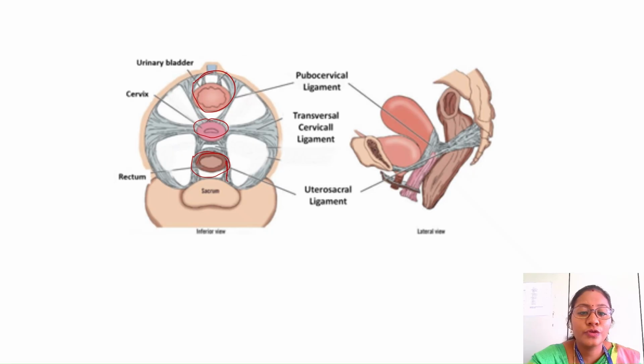The uterosacral ligaments are continuous from the uterus to the sacrum. See the lateral structure of the image. This is the uterosacral ligament. It starts from the sacrum, crosses the rectum, and ends in the uterus region. So this is the uterosacral ligament present on the lateral aspect of the pouch of Douglas.